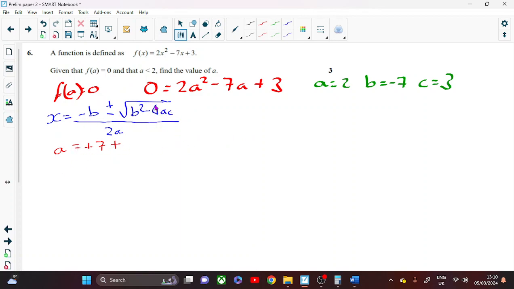I'm going to work out this b squared minus 4ac first. So b squared is minus 7 squared. Minus 7 all squared is 49. And we're going to do minus 4 times 2 times 3 because there are no other negatives there. 4 times 2 is 8 times 3 is 24.